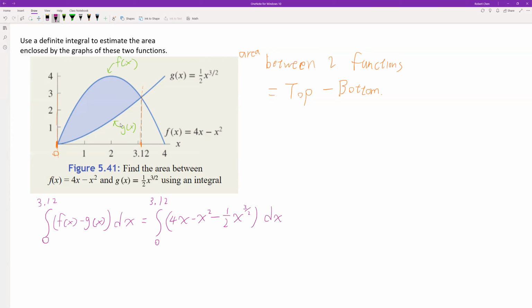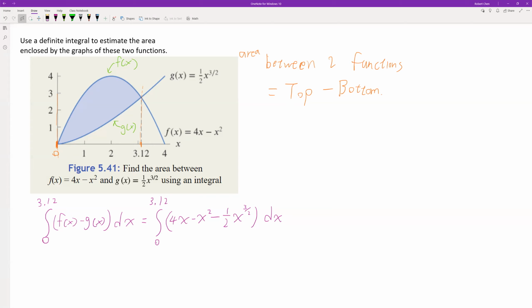To actually find the area, since we haven't talked about any techniques for integration, we can use some online calculator, or if you have a graphing calculator, you will be able to do the calculation.